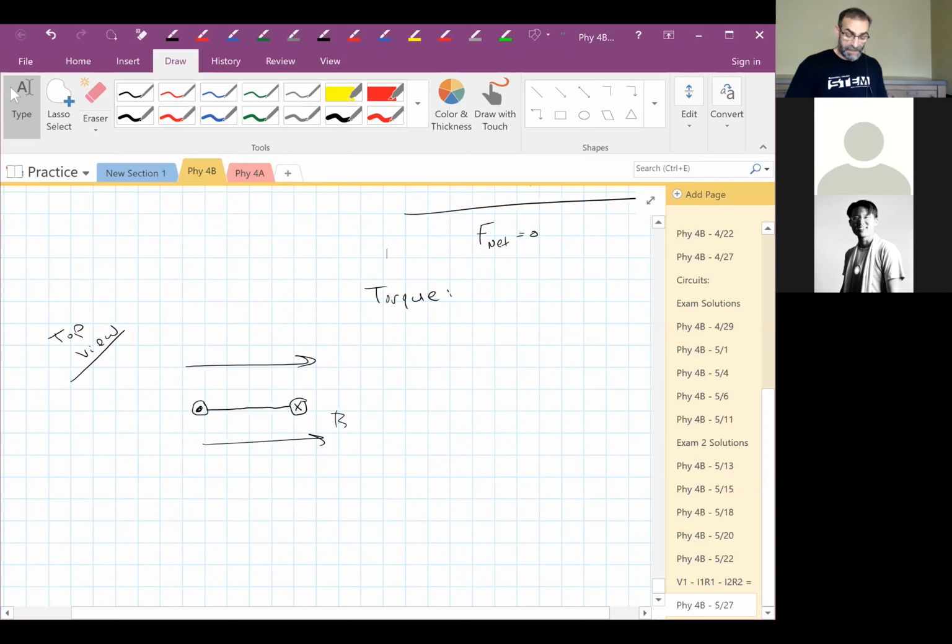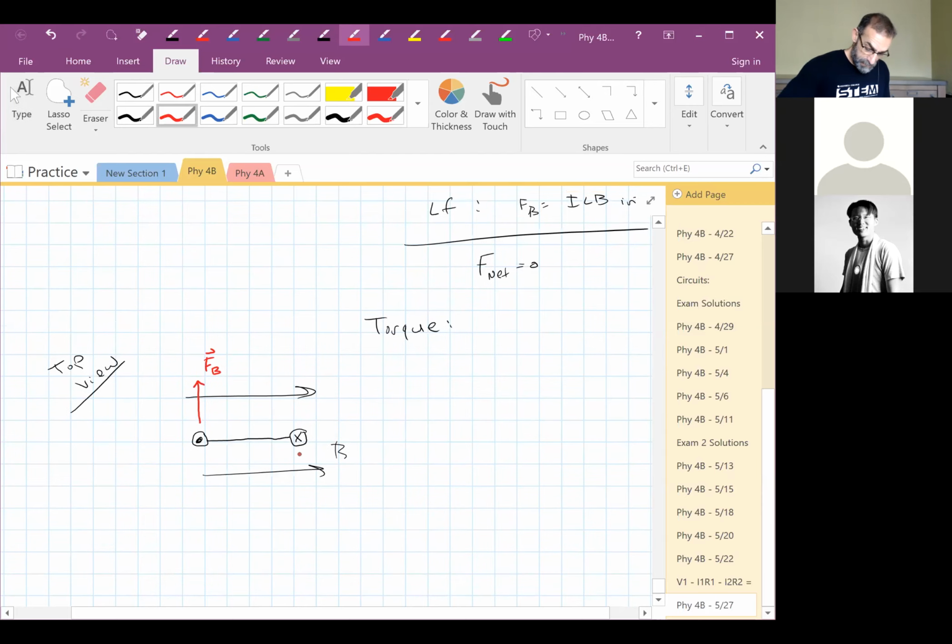But let's just think about it. The current is coming toward us. B is to the right. So my thumb points in this direction. And on the opposite side, it's going to point this way.